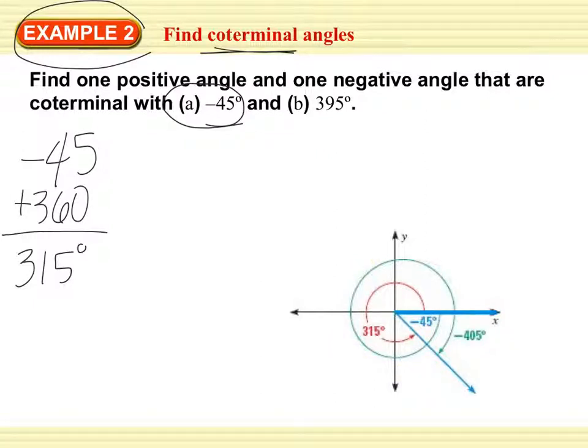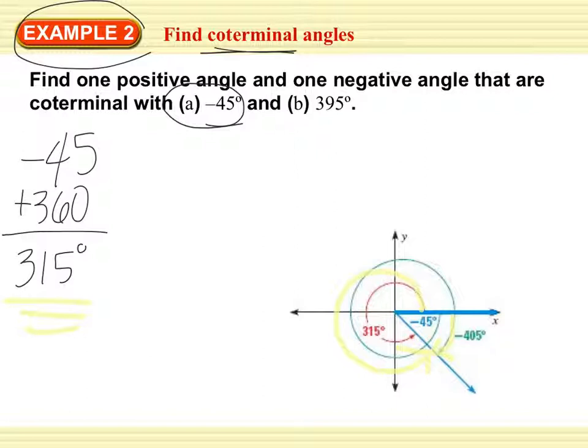So let's try that again. I've got negative 45, and then I'm actually going to add 360. So when I add 360, I get 315. So positive 315 and negative 45 are coterminal because they each have the same terminal side, right?